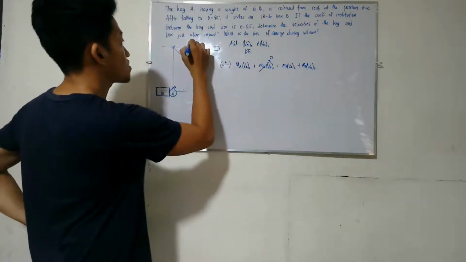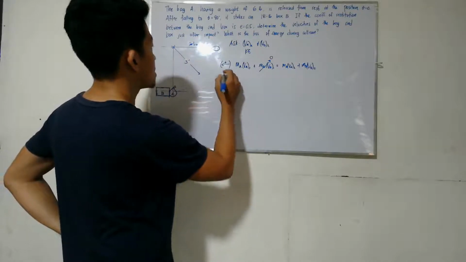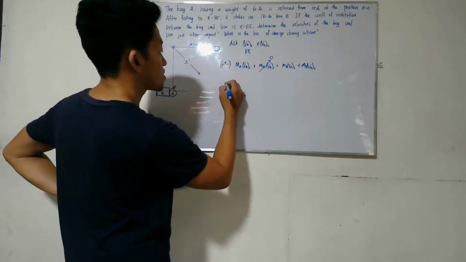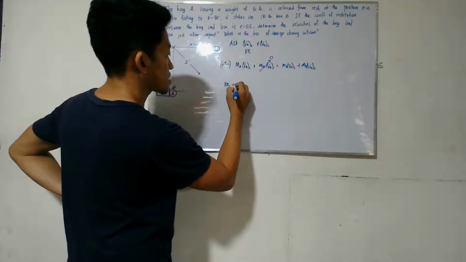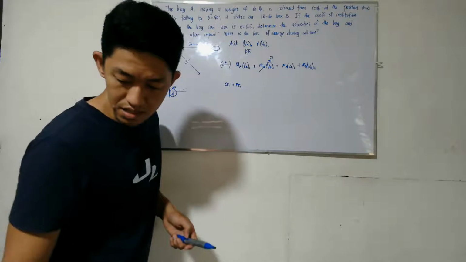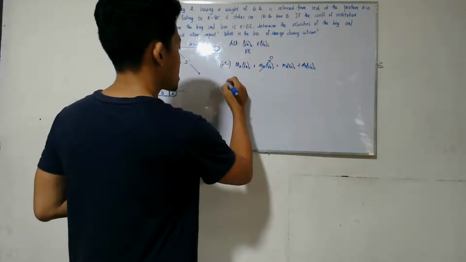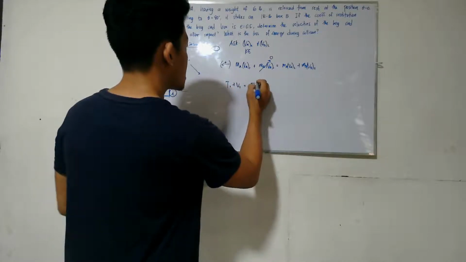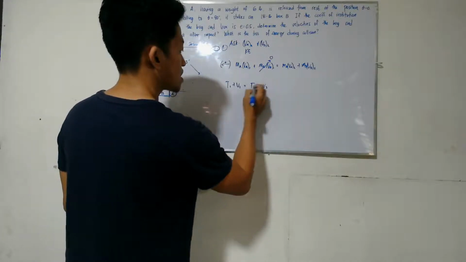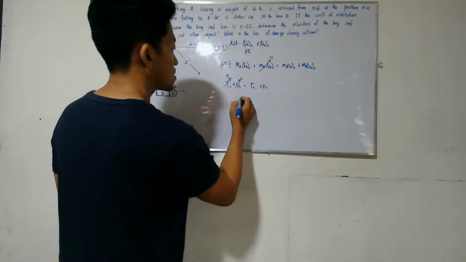If this is your datum, you have, at point 1, kinetic energy 0 and potential energy 0, or T1 plus V1. This is your point 1, and this is your point 2 somewhere here.